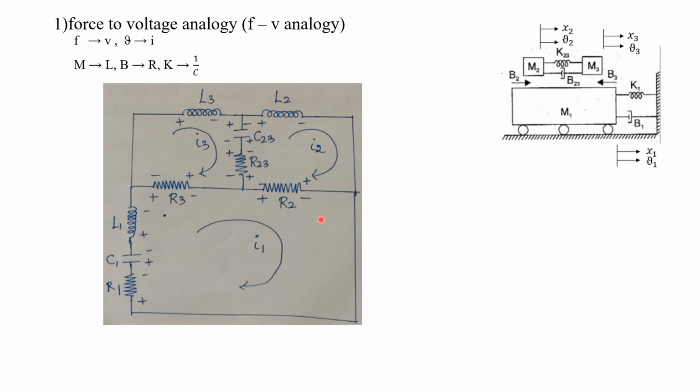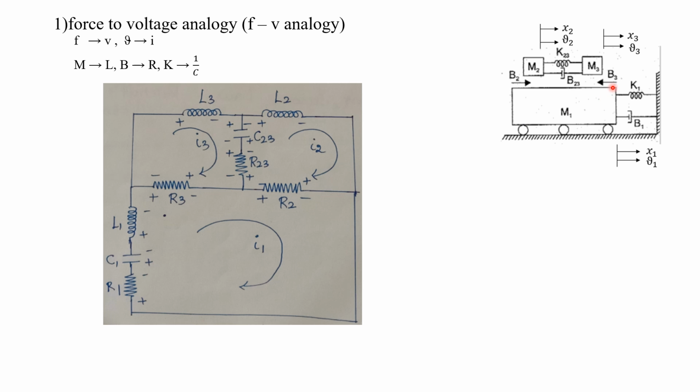Now this dashpot B2 is connected between M1 and M2. B corresponds to R, so B2 will be transformed to R2, and it is connected between loop 1 and loop 2. So here it will be R2. Understood?